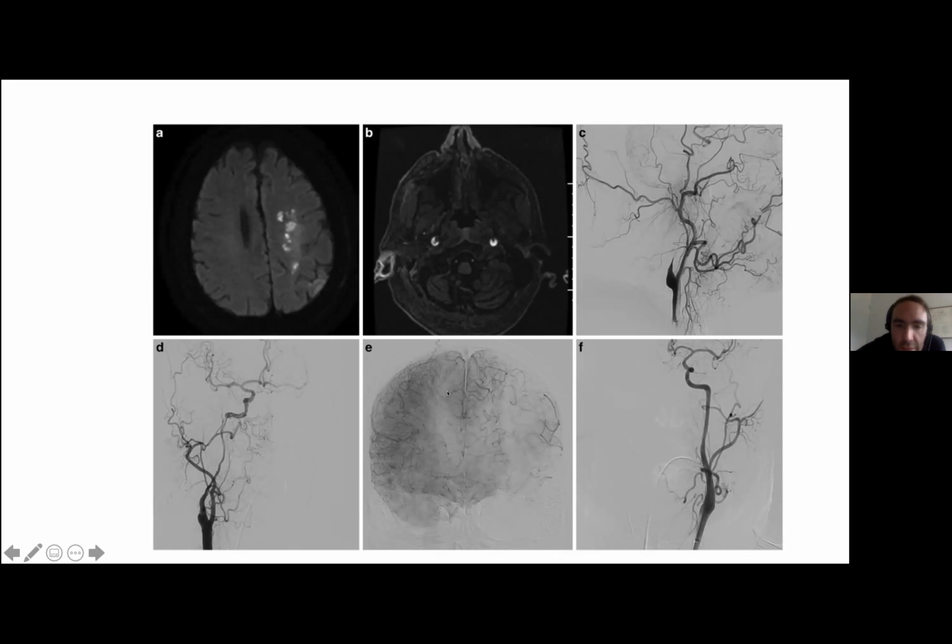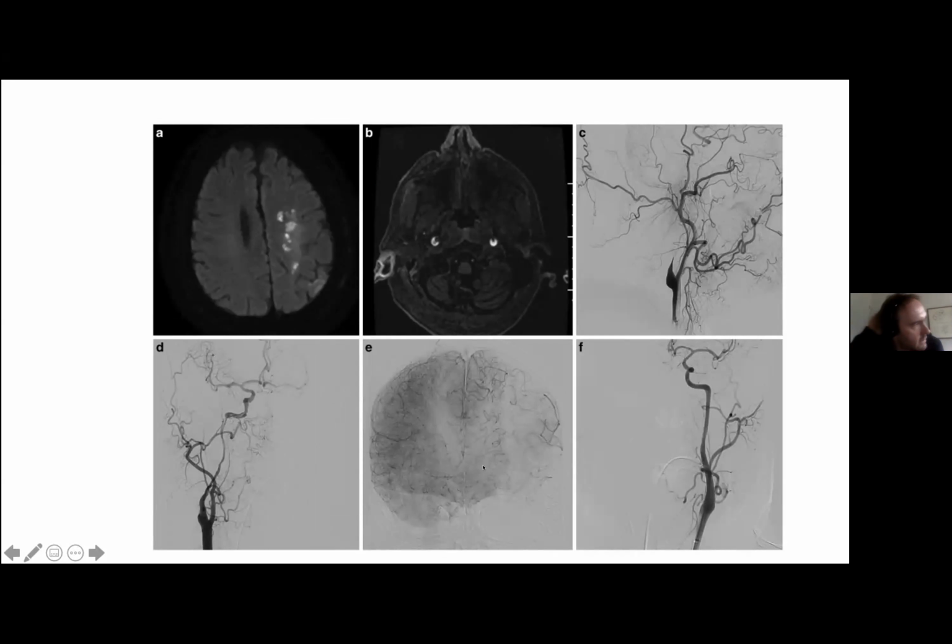The watershed territory here is much higher up, whereas it's been pushed laterally on this side, which is an indicator of global hypoperfusion. That's why he's having these. The blood is getting to this hemisphere fine, but by the time it's come up across and gone along there, it's not fast enough essentially, and he's getting ischemia.